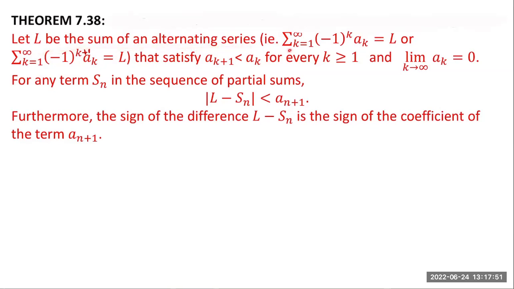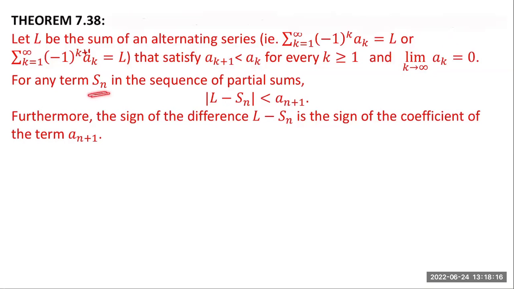That is, either the sum from k equals 1 to infinity of (-1)^k times a_k is equal to L, or the sum from k equals 1 to infinity of (-1)^(k+1) times a_k is equal to L, that satisfy a_(k+1) is less than a_k for all k greater than or equal to 1, and this limit is equal to 0.